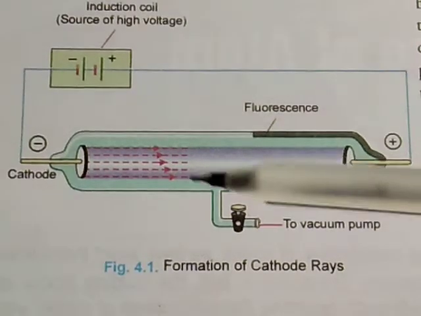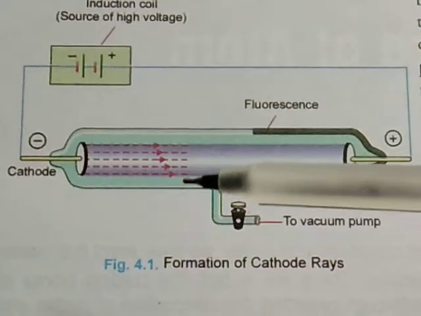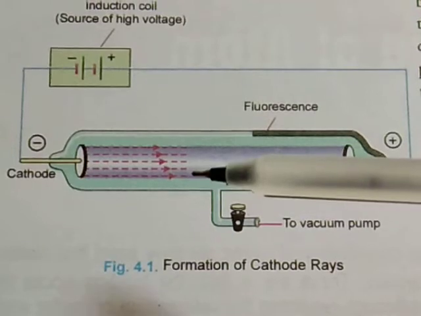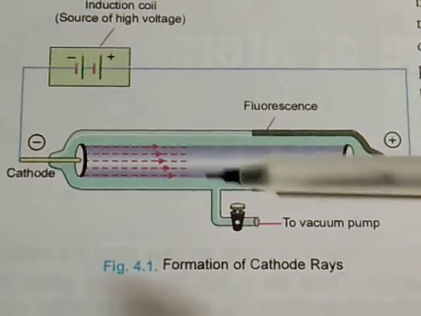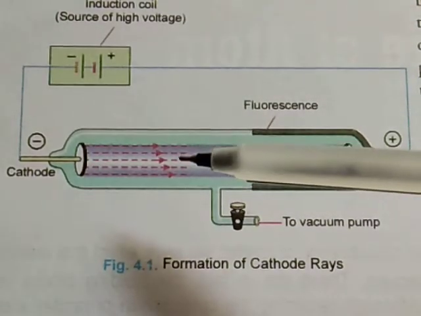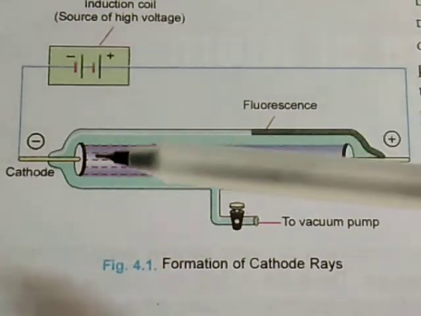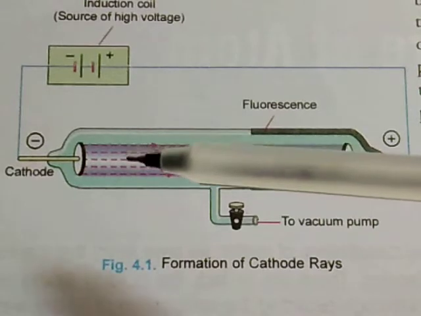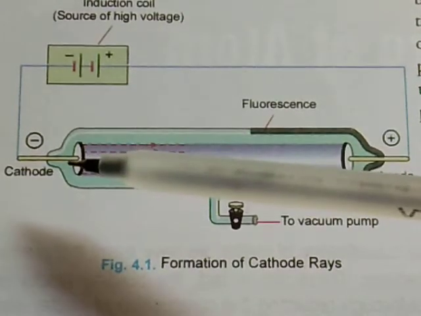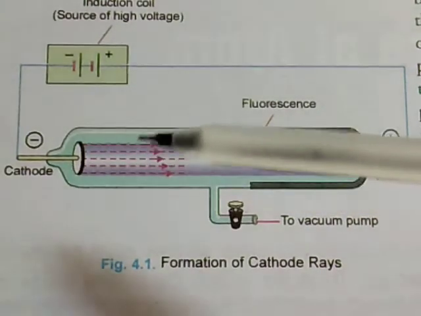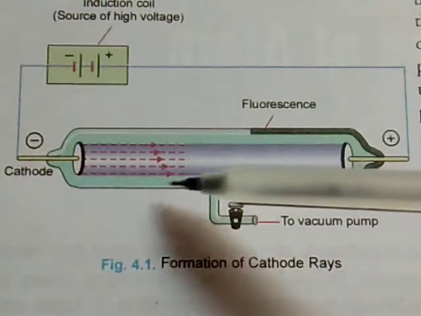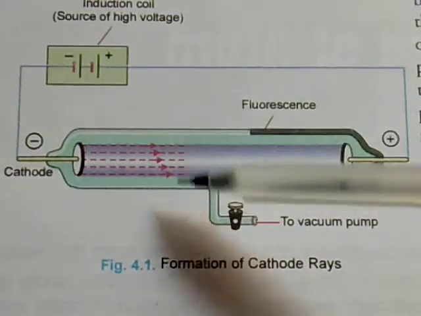Now, what are the properties of cathode rays? What are the characteristics of cathode rays? First characteristic: these cathode rays are emitted from the cathode, the metal side. Second, these rays travel in a straight line.